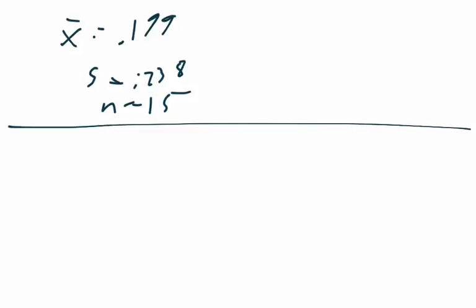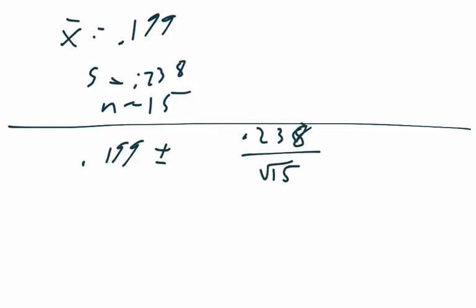So 0.199 plus or minus 0.238 over the square root of 15, and this time I'm going to do inverse T of 0.025, and we have 14 degrees of freedom, or you can look it up on the table.